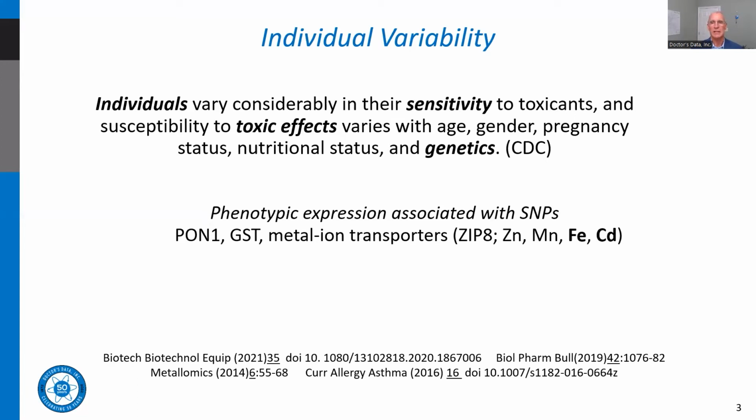And when we talk about genetics, really we're talking about the phenotypic expression associated with important single nucleotide polymorphisms. For example, PON1, the paraoxonase 1, the glutathione S-transferase. And for today's discussion, the metal ion transporters, particularly ZIP8, which shares transport for zinc, manganese, iron, and cadmium.